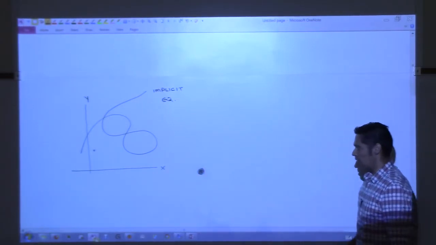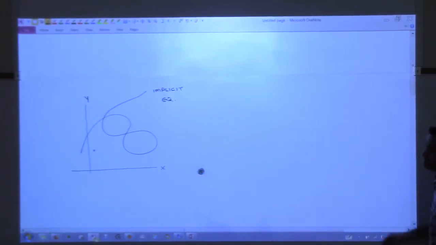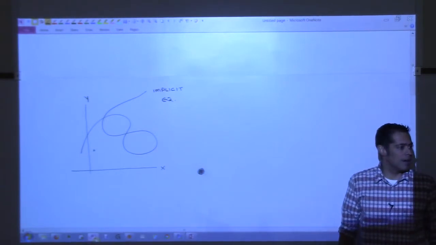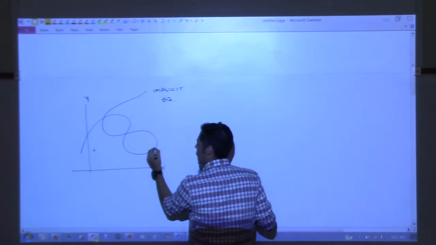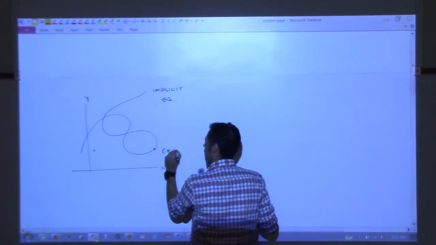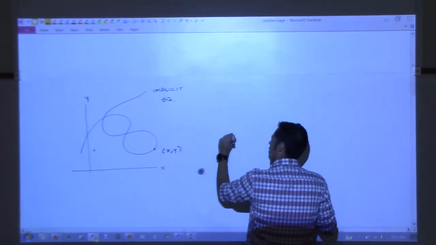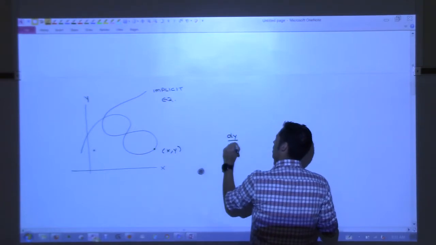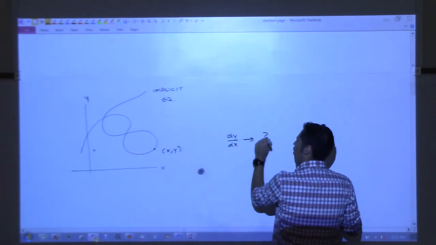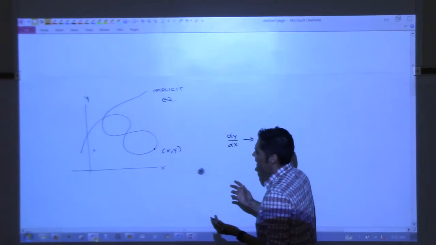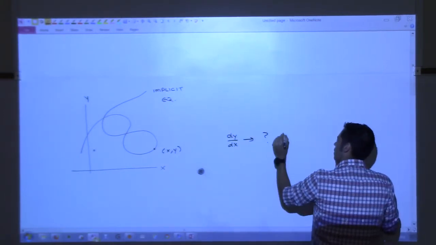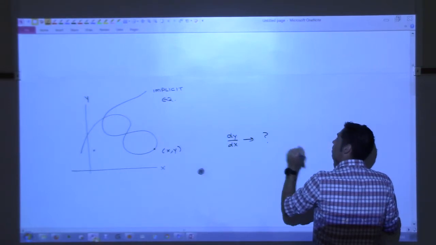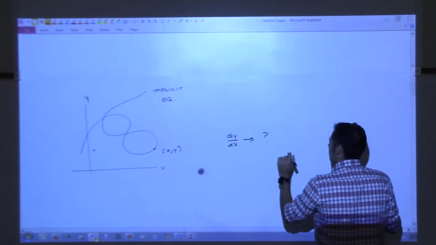So there's some graph. I didn't mean for it to look like a figure 8, kind of like that. But that's some curve, right? So if we pick a point on this graph, let's say we pick that point right there, x, y, then dy/dx means what? Well, it means that if x changes a little bit, well, let me say it a different way.